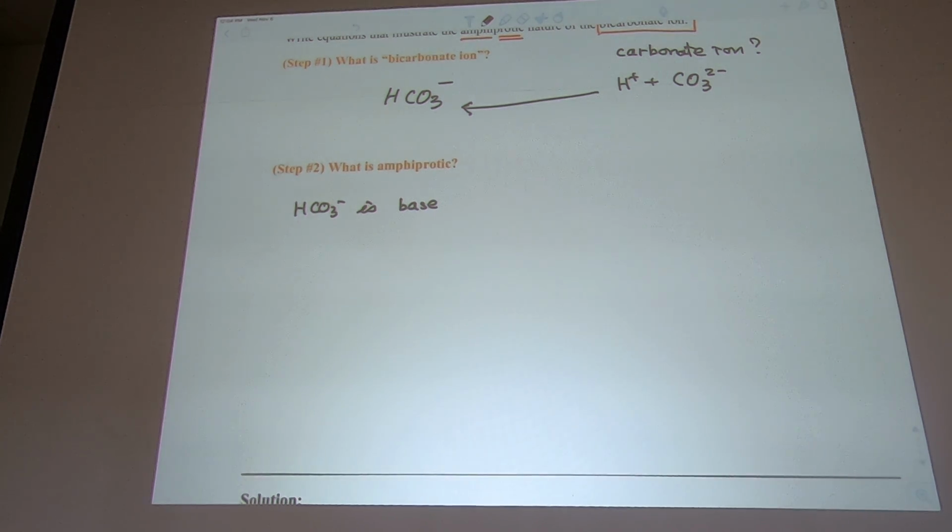And this is a case where HCO3 minus dissolves in water. If it is a base, it's going to receive an H plus, and become H2CO3 and OH minus. So in this case, this is a base, right? And that's how you do it. And then this is carbonic acid.